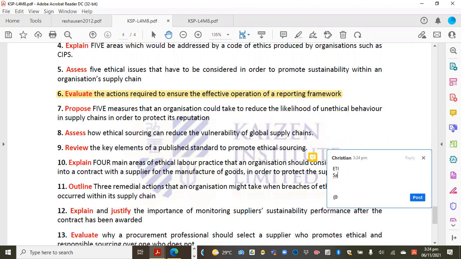Social Accountability 8000. Environmental Management Standard, ISO 14001. I think HEMAS is not a standard.